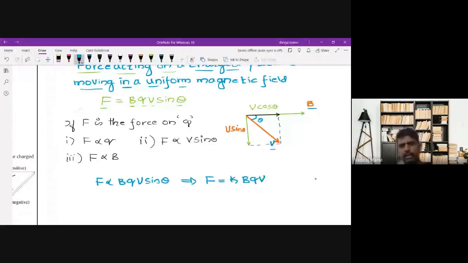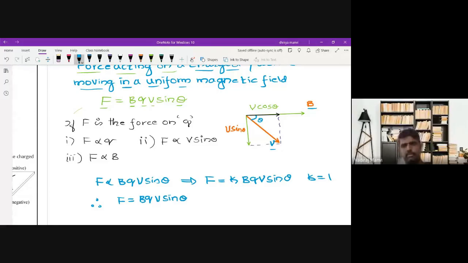And if I take the SI system of units, for a given magnetic field and for a given angle, it is found that the value of proportionality constant K is 1. Therefore, I can write the force experienced by a charged particle moving in a magnetic field is given by BQV sin theta. Clear? This is the expression for force acting on a charged particle moving in a uniform magnetic field.